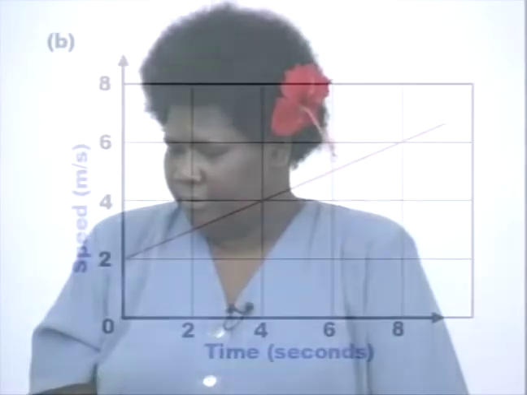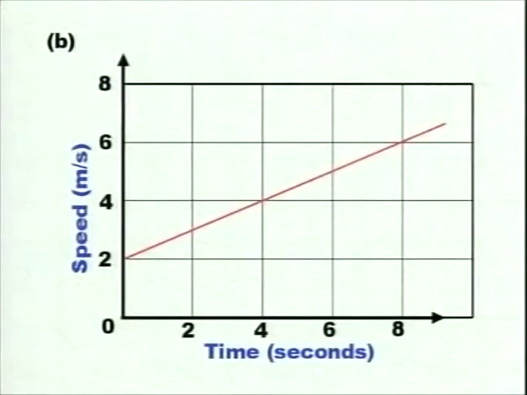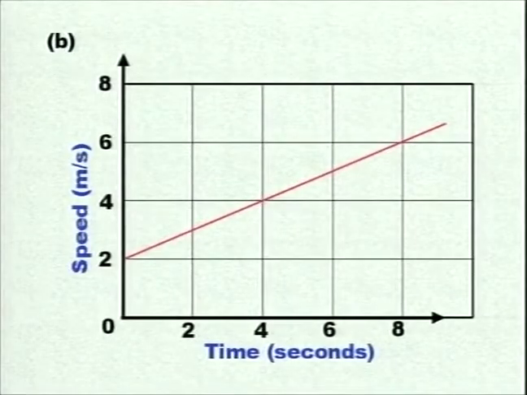Okay, it's an acceleration of 5 meters per second squared. Correct? Number 2, Vui. Acceleration half meters per second squared. Okay, half a meter per second squared.